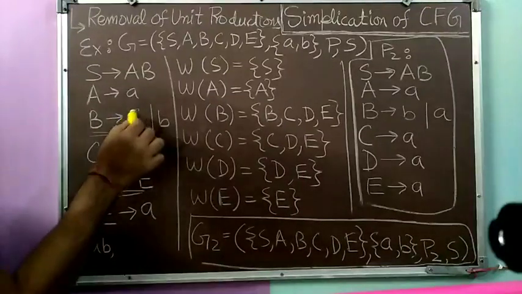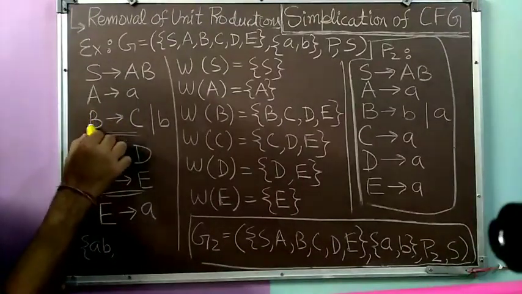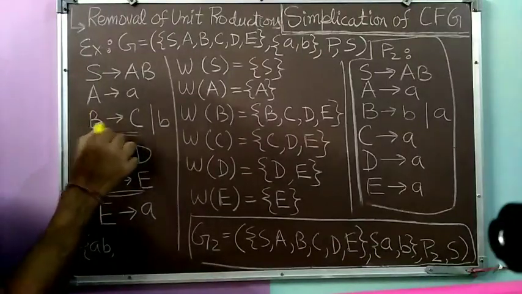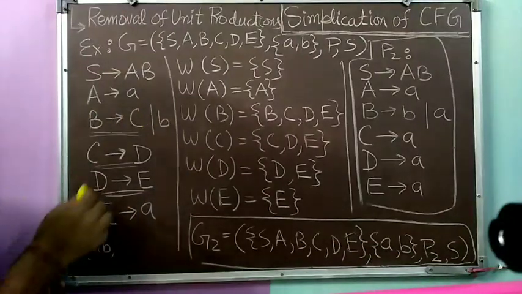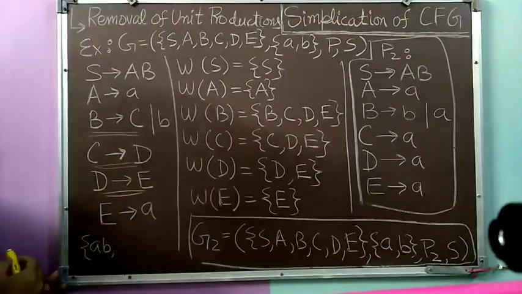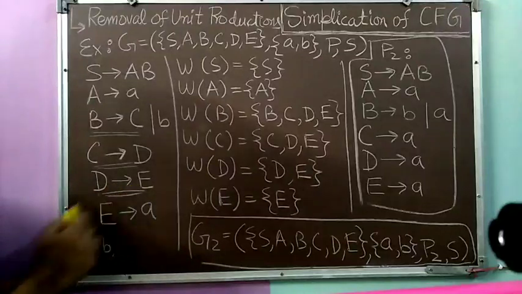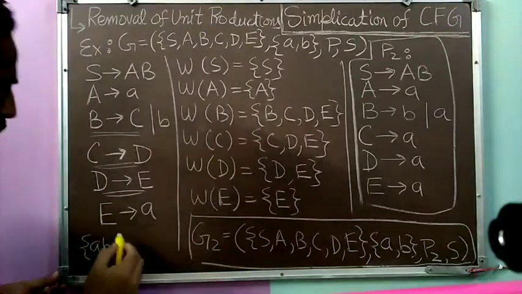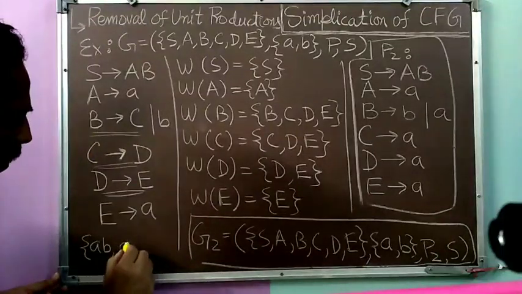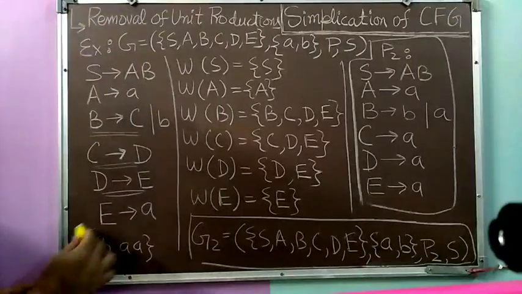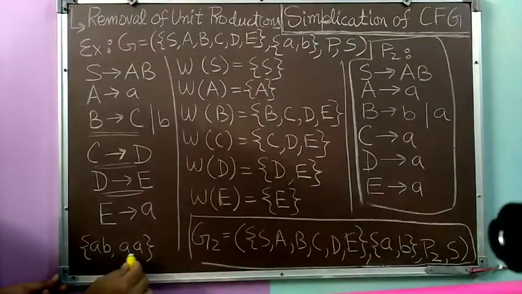And the second possibility was, rather than replacing this capital B by small b, we replace this capital B by capital C. Then capital C will be replaced by capital D, replaced by capital E, and then ultimately capital E will be replaced by small a. So the word will become aa.